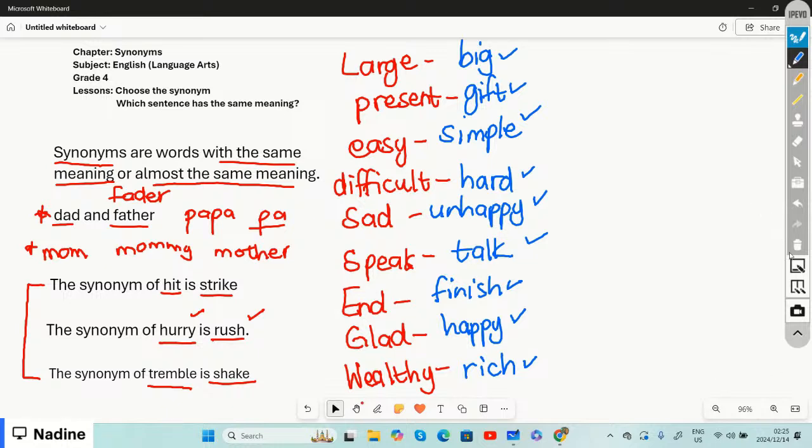So well done. So now we're going to aplusstudents.ca, and we're going to choose the synonyms, and we're also going to say which sentence has the same meaning.